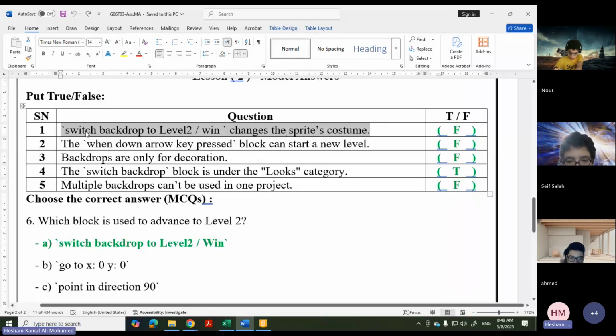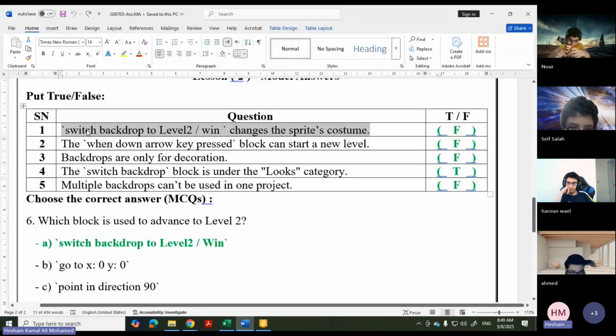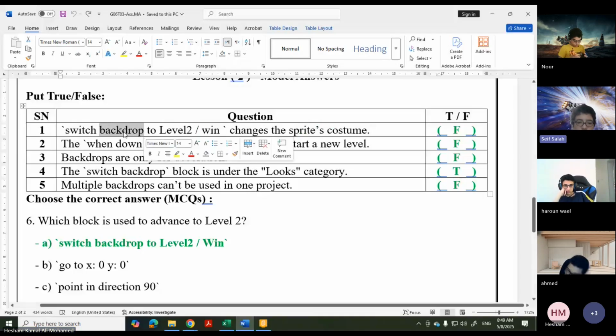Here there is a block. The block says switch backdrop to level 2. What basically it does is switching the background, the levels, as it says here. Background or backdrop.